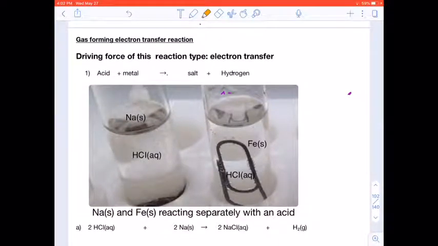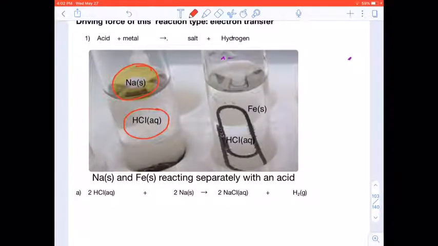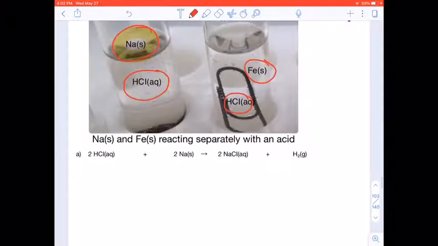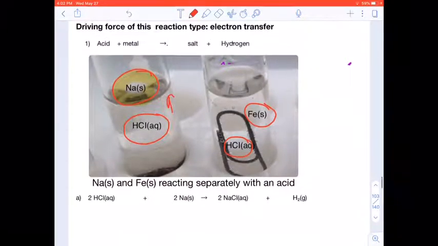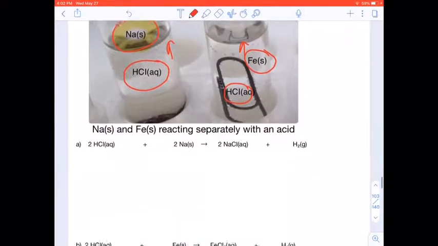So here in this case, I've got the metal Na, and it's going to react with HCl. Or I have iron reacting with HCl. In both these situations, you see bubbles, right? And the bubbles that you see are actually hydrogen gas. So let's look at the first one.